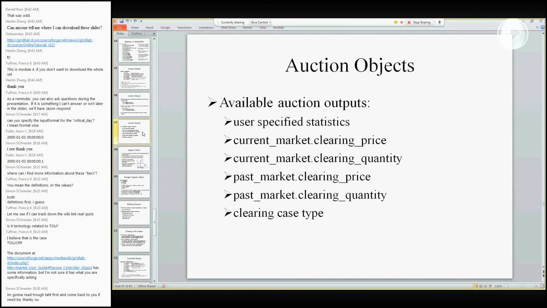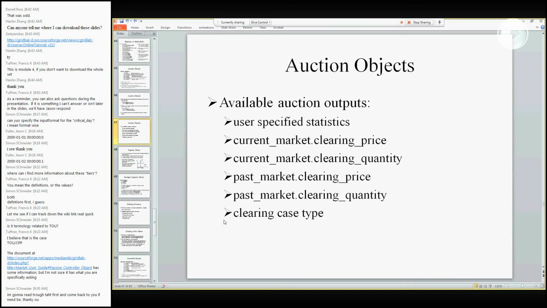So there's a number of different auction outputs that are available. Of course, there's the user-specified statistics that we just talked about. You also have access to things called current market, dot clearing price, and dot clearing quantity. So you can get your P and Q from the different market system. You can do the previous market, in case you want to look at any previous information to make a decision about the next thing you should be doing.